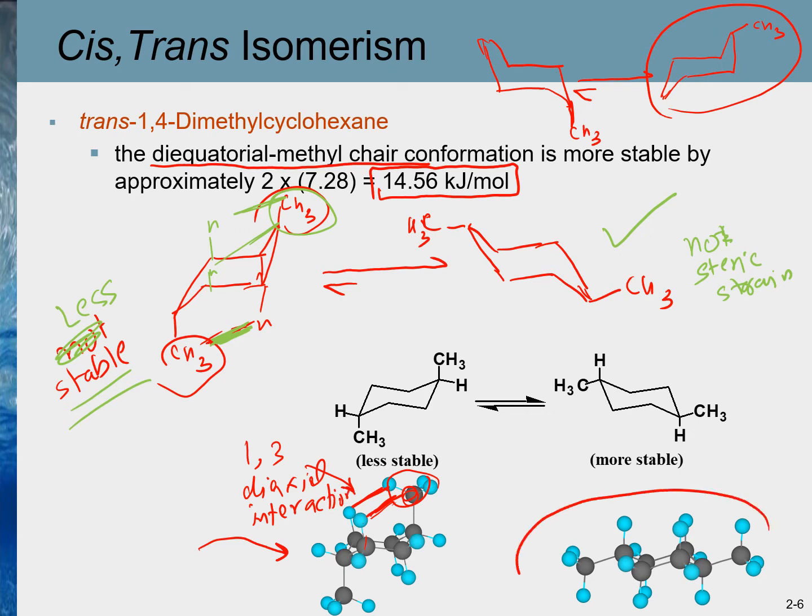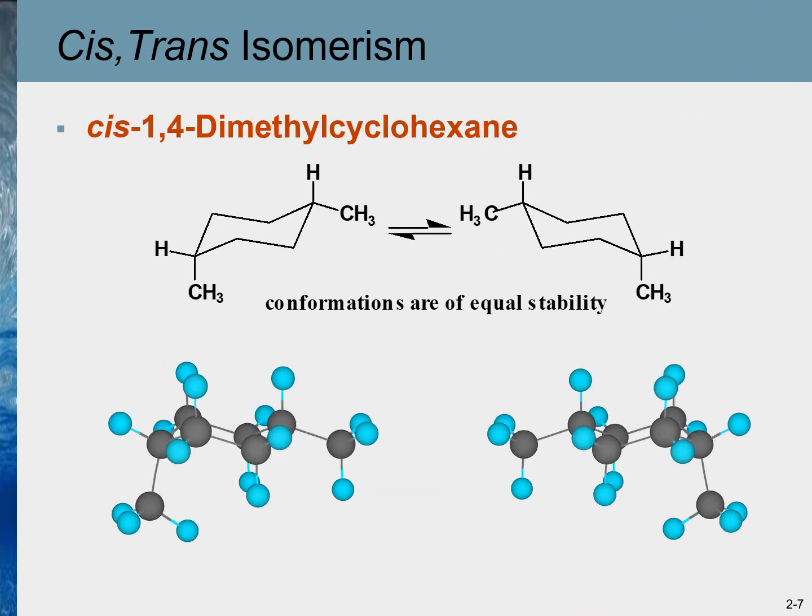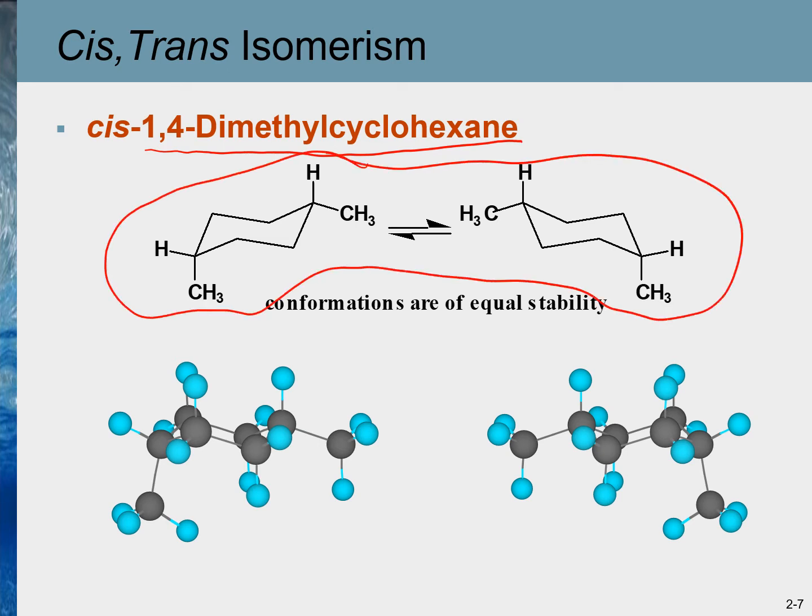No such interaction occurs in the equatorial position methyl groups, so therefore the diequatorial cyclohexane is more stable. In case of cis-1,4-dimethylcyclohexane, both conformations are equally probable, because in each case one methyl group will be axial, the other one will be equatorial.